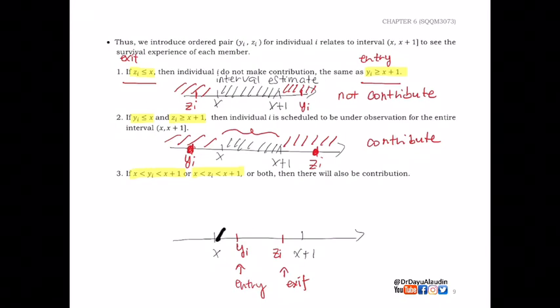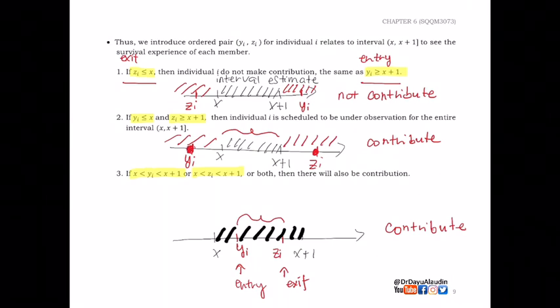So the interval estimate is all here, and the entry and exit ages happen in between. So still we consider it as contributing in the interval estimate. The entry age and the exit age are in the interval estimate.